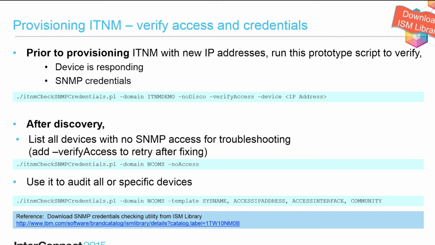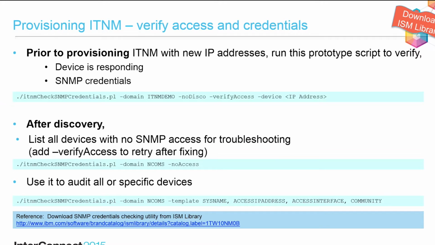So there's a handy script that is on the ISM library. The ISM library is where we put the prototypes and other interesting pieces that may be of interest to customers. And this is one such one. You can use this as a handy way of checking to see if the device is going to respond and whether the SNMP credentials within Network Manager are going to work for this device.